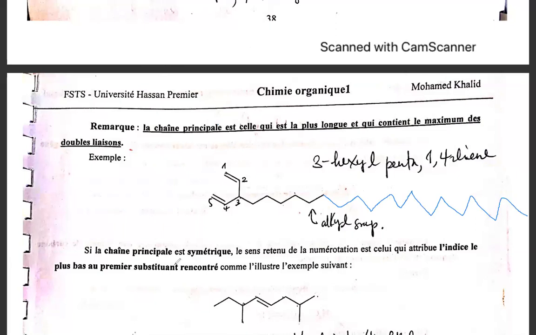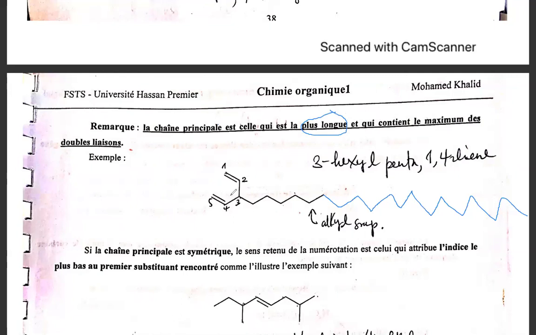So in a case where you had this as your hydrocarbon and you're told to name it, the rule number 1 states we are supposed to remark la chaîne principale is the one that is the longest, la plus longue. Now, normally, if it was just the plus long, I would not have this part.